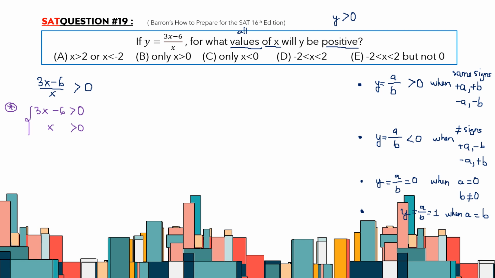Or 3x minus 6 is less than 0, negative a, and b negative. But x can never be 0, since x is in the denominator, so x has to be different from 0.